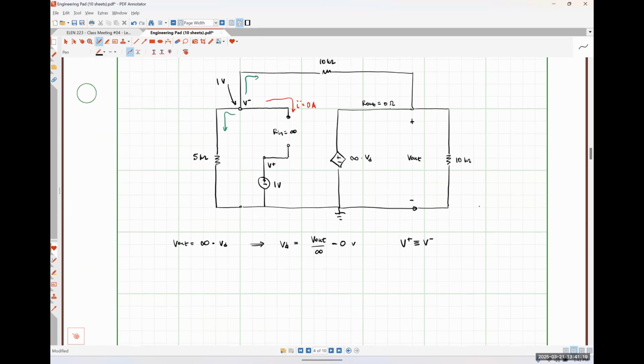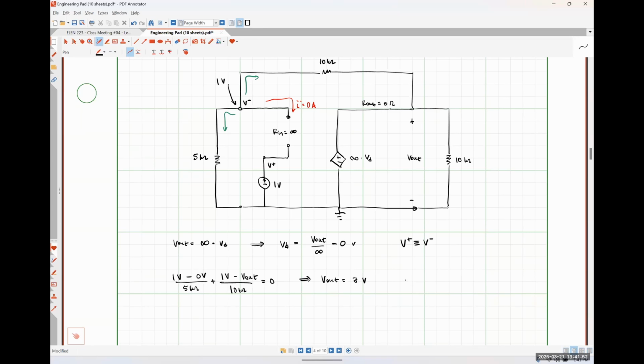So we would have 1 volt minus 0 volts over 5 kiloohms plus 1 volt minus V out over 10 kiloohms is equal to 0. Solving this guy, we would wind up getting V out is equal to exactly 3 volts.